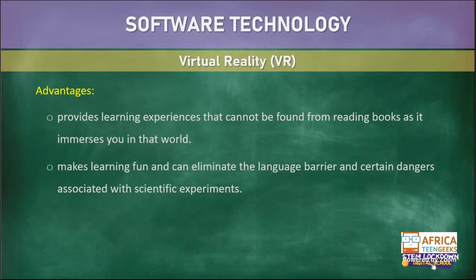So if you are interacting, for instance, with a radioactive particle, instead of being in the lab exposed to that particle that can affect your health through radiation, you can do it using virtual reality, and then we have the object, and you can interact with it as if in real life.